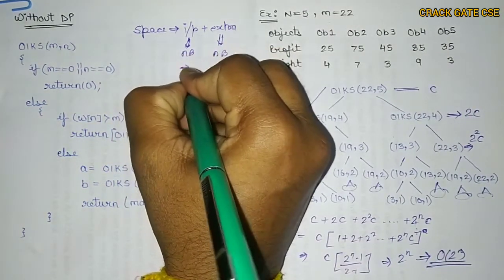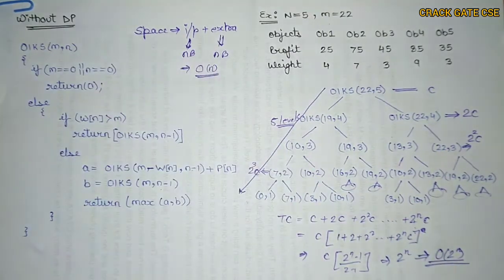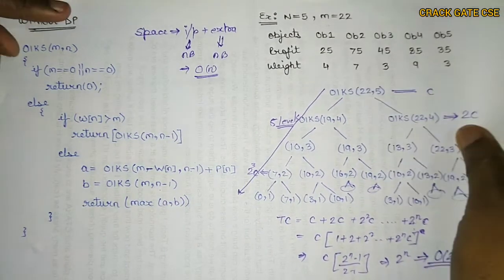So the space complexity will be order of n. So this is without using dynamic programming. What if you use dynamic programming? Now let's see.